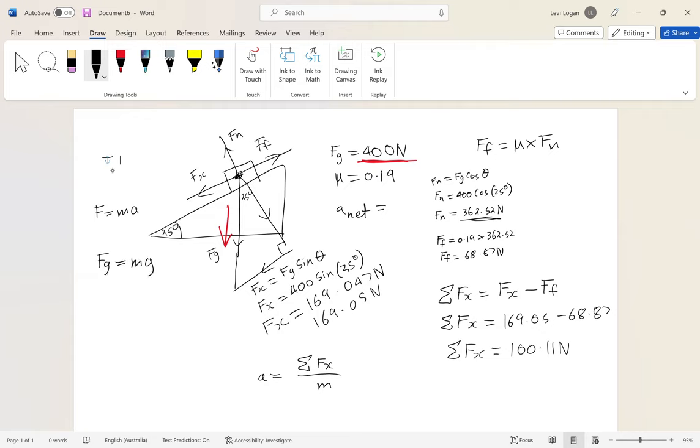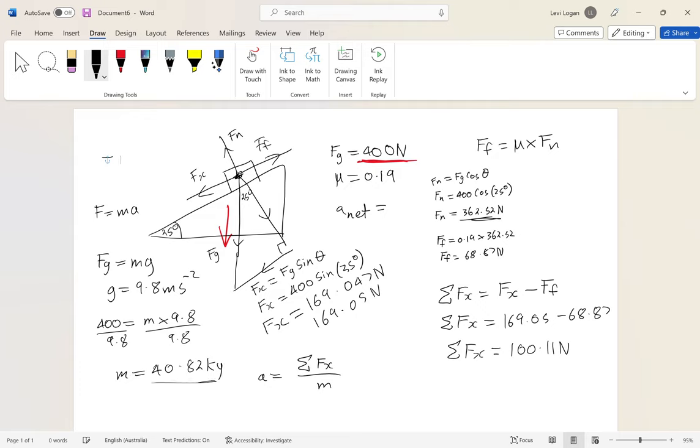Since we're on Earth, G is 9.8 meters per second squared. So we can find our mass really easily. So we go 400 newtons, I'm just going to leave the units off, equals some mass times 9.8. So to find the mass, you just divide by 9.8, put in our calculator. Our mass is approximately 40.82 kilos.